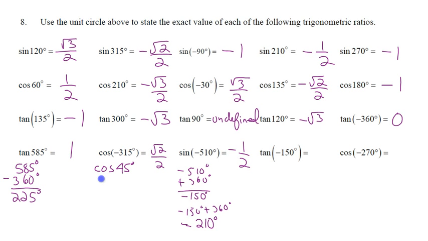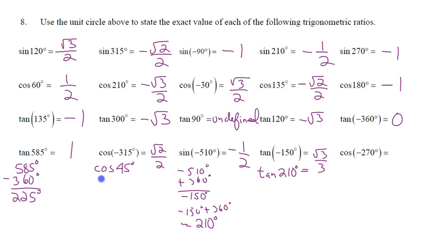Should we convert this to a positive angle? This is the same as the tan of 210, which is in quadrant 3, where the tangent is positive, and is the same as the tangent of 30, which is root 3 over 3.